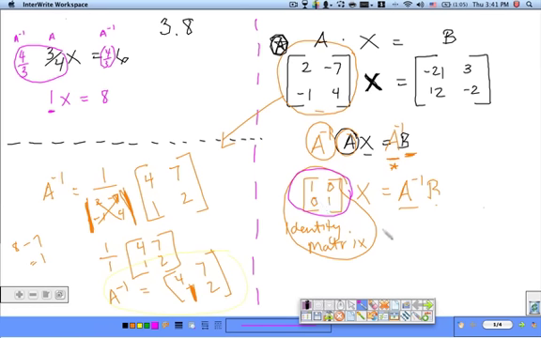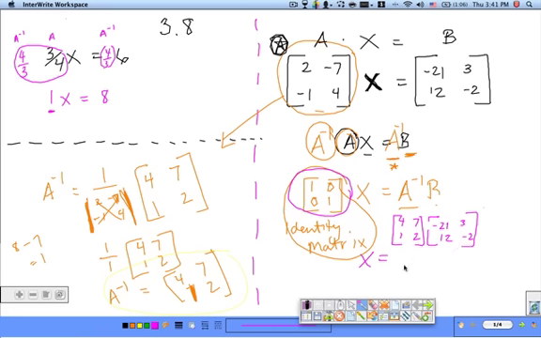Let's go back to this problem right here. Let's find the second part. So basically we have x equals a inverse times b. So a inverse was 4, 7, 1, 2 times b was -2, 1, 3, 12, -2.